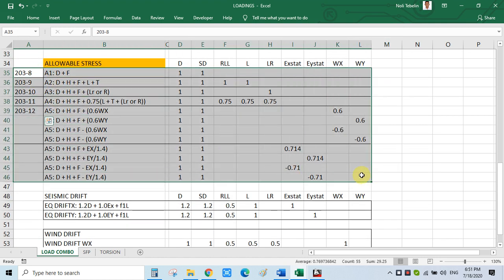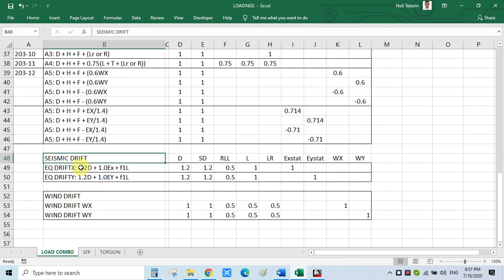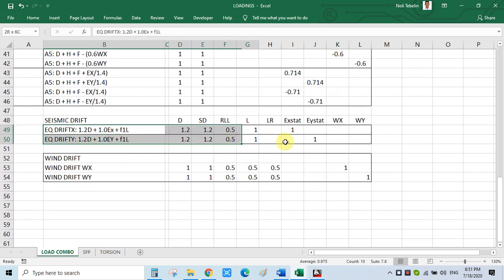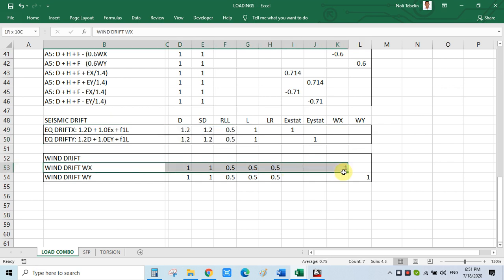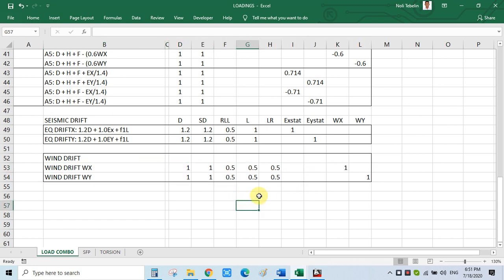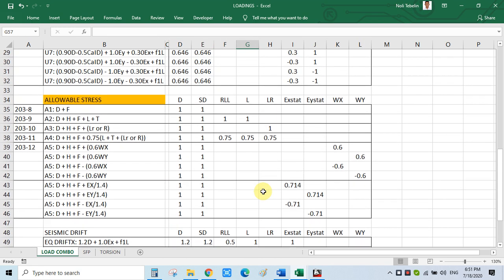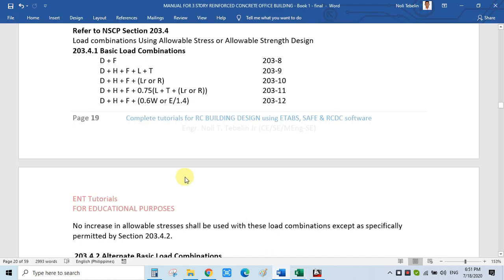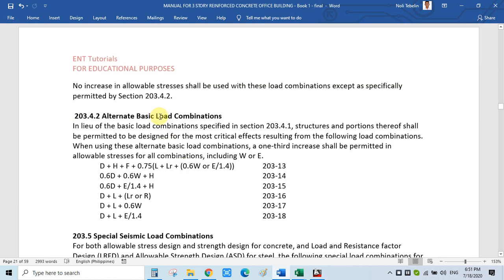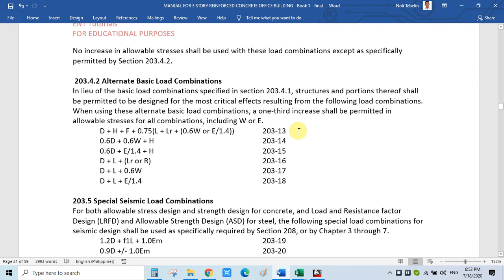Pero, meron pa tayo dito ng alternate basic load combinations. So, ito naman yung from NSCP 203.4.2 in lieu of the basic load combinations specified in section 203.4.1, structures and portion thereof shall be permitted to be designed for the most critical effect resulting from the following load combinations.